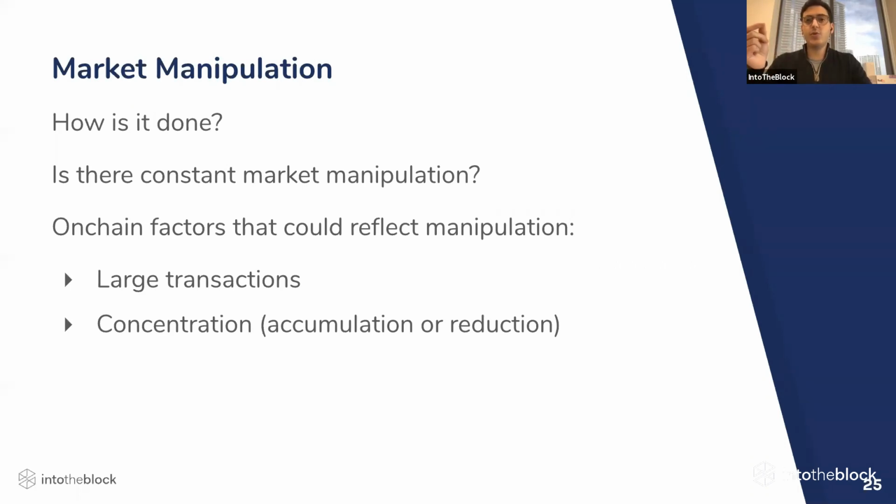And even though we do sometimes see spikes in large transactions preceding contract expirations, there's no completely clear proof of market manipulation. Our approach to this is to provide the data and let users draw their own conclusions based on the data that we provide.